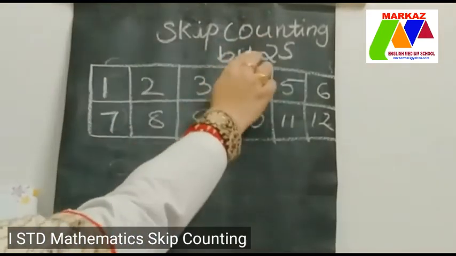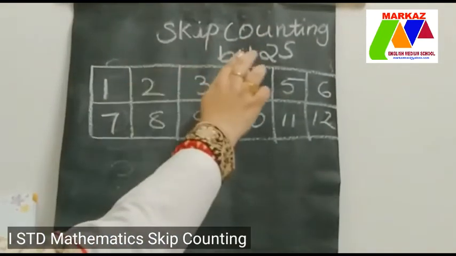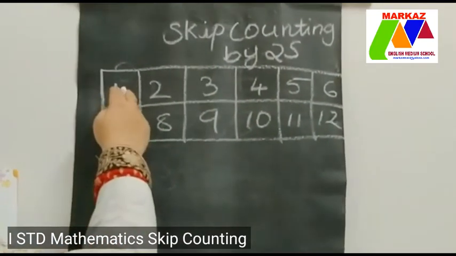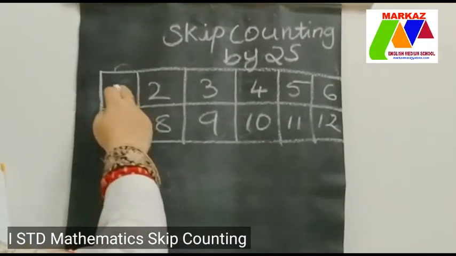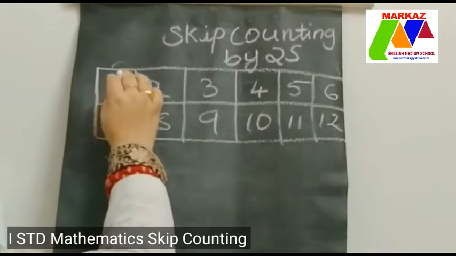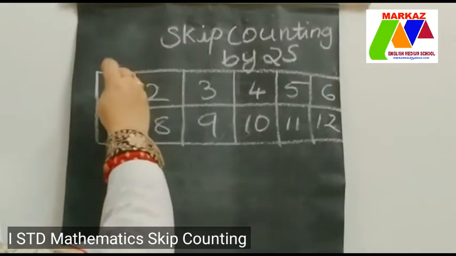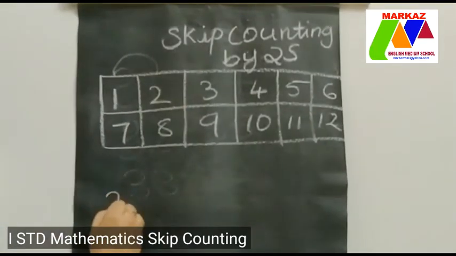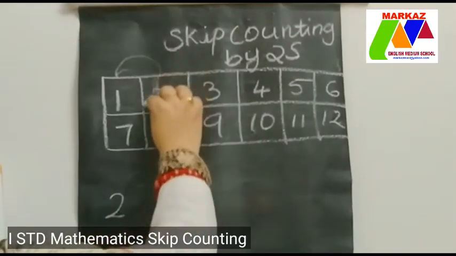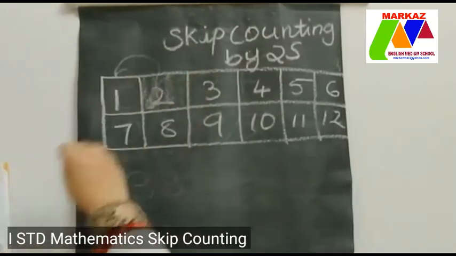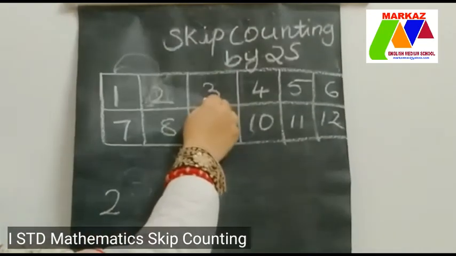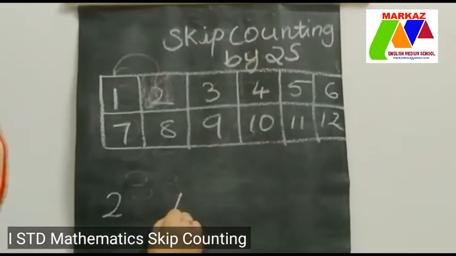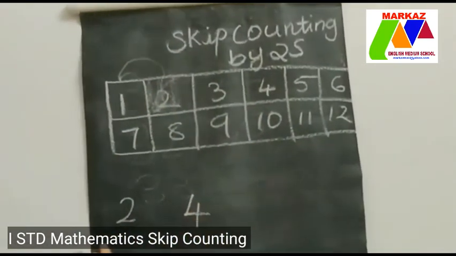Skip counting by twos. We are starting from which number? Number 1. So, we skip 1 and jump to the next number, that is number 2. So, children, shade this number. Next, we skip 1 number, then jump to the next number, that means number 4.